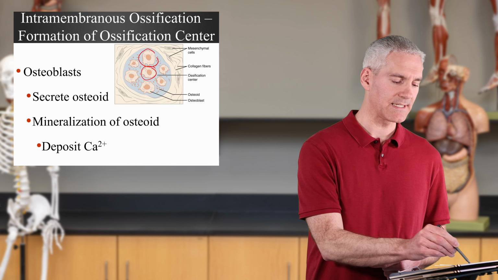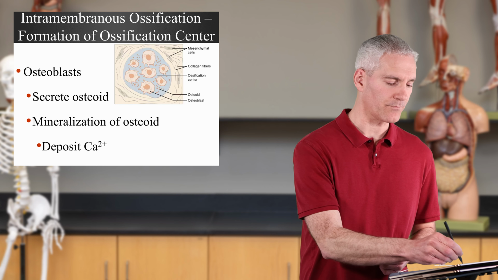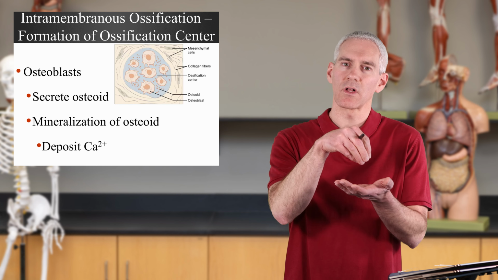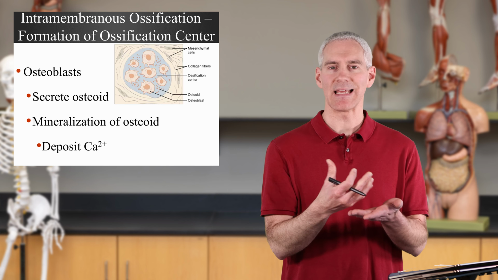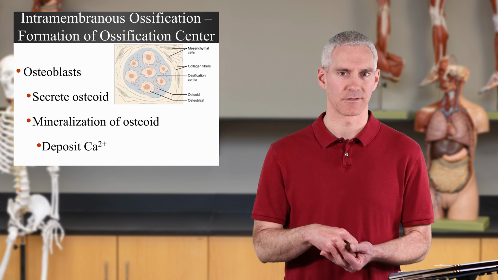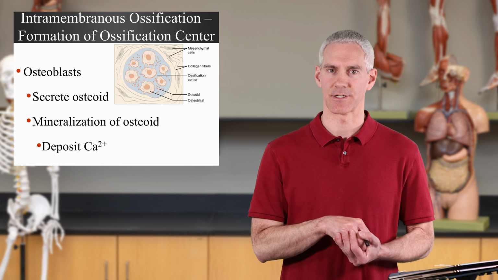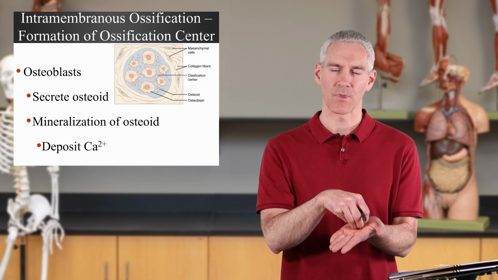Each one of these cells is going to be an osteoblast. Right where this initial clustering of osteoblast cells starts, it's referred to as the ossification center, or sometimes the primary ossification center. It's where the process will begin in that membrane.